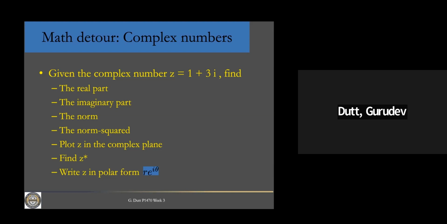Yes, r is just the norm, which is square root of 10. We calculated that, so square root of 10, very good. Theta, yes, will be the arc tangent of 3.